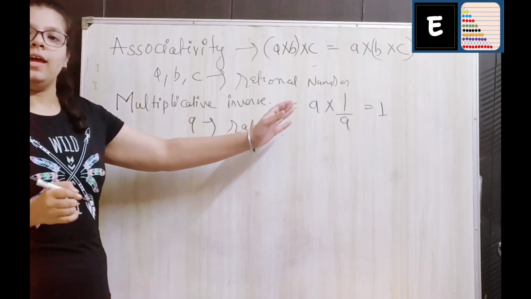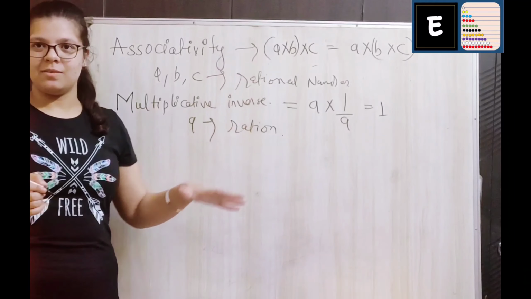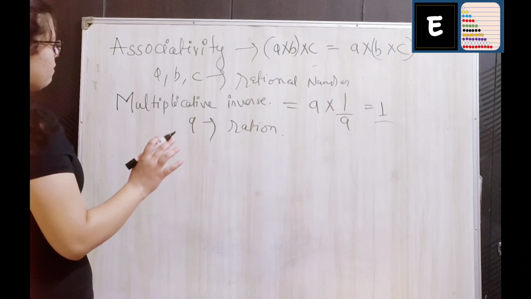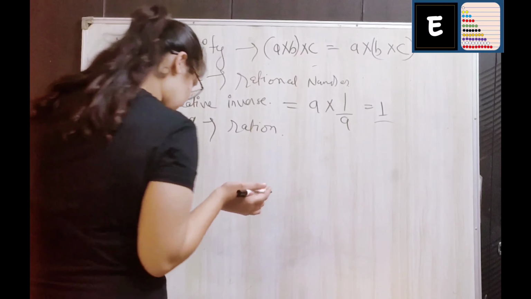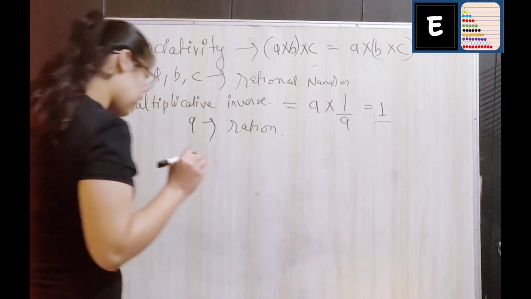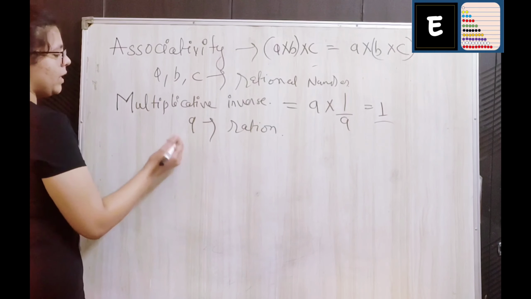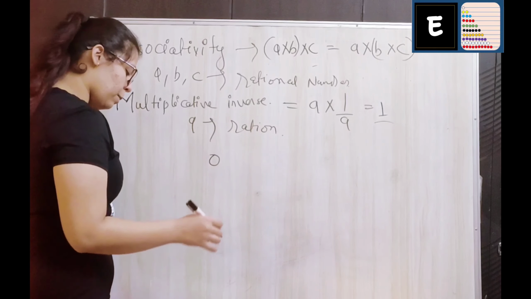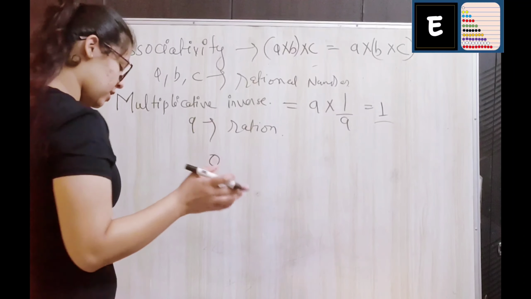If we multiply a number with its reciprocal, the answer will be 1. This is our multiplicative inverse. Next we have multiplication by 0. As you all know, if we multiply anything with 0, the answer will be 0. So this property is called multiplication by 0.